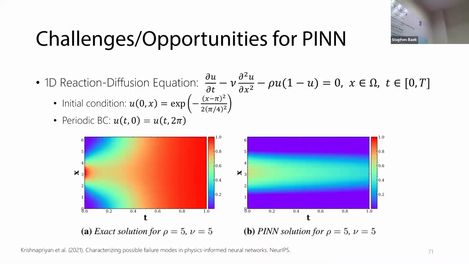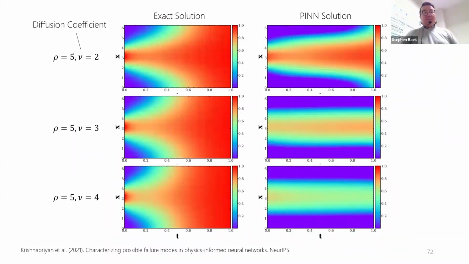And for the exact solution over here, this is the expected physical behavior of the system. But if you look at the PINN solution, we're far from exact. The reason we're talking about this particular equation is because we have some sharp boundaries.